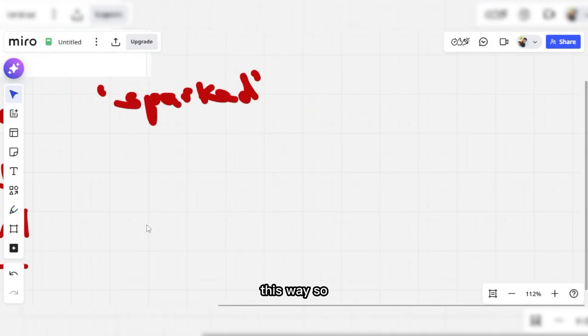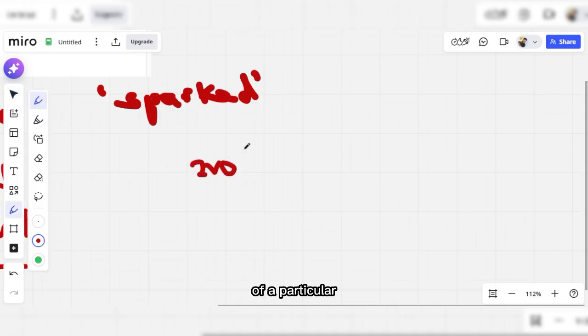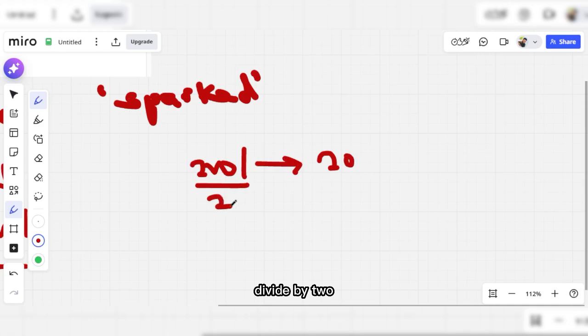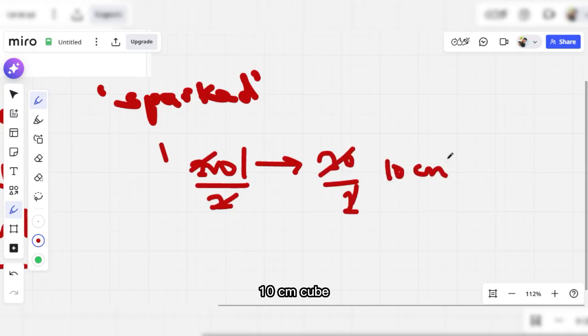Let me put it this way. So if 2 volumes of a particular constituent is 20, that means divided by 2 gets 1 volume of it. So 1 volume of it will be 10 cm cube. Are you getting it?